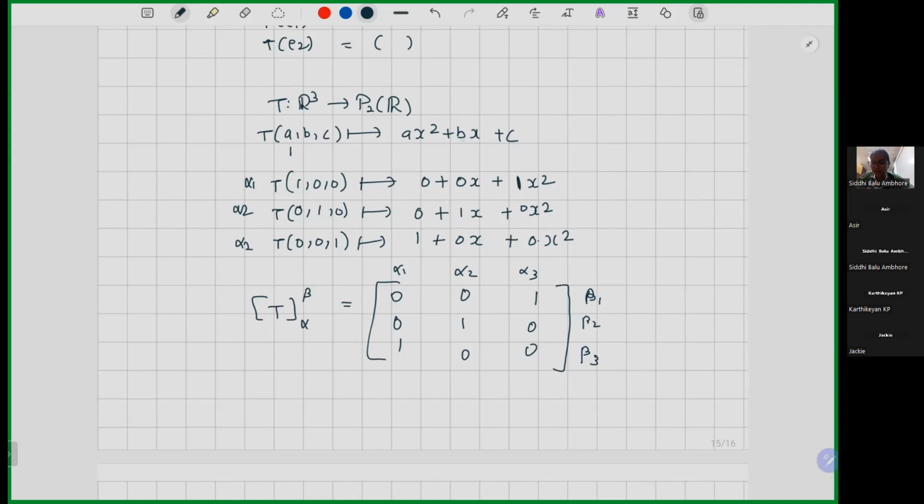A is going to ax square, 1 is going to 1x square. Okay, I got my mistake. I was considering 1 to go to C. In every transformation, I was considering 1 going to C instead of 1 going to A, 1 going to B, and 1 going to C in three steps.